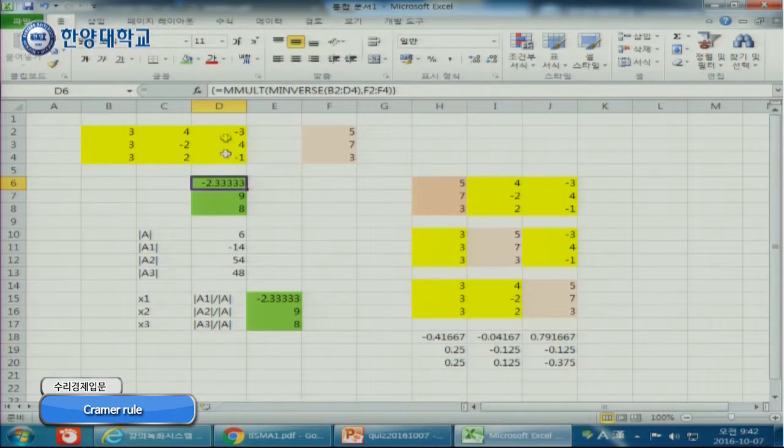Here to calculate it, I have MMULT and MINVERSE, and I did 2 steps in one line here. Okay, so MINVERSE. Whenever you have a question, you can Google it. Search for Excel inverse matrix or something like that, and the command MINVERSE will come up.